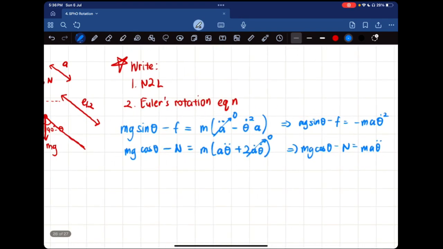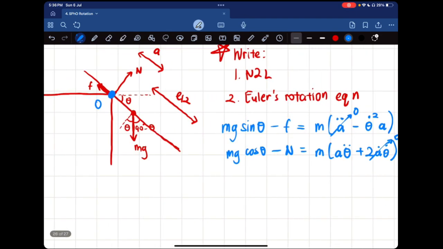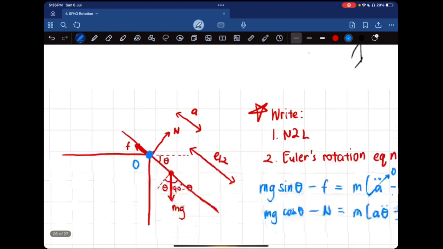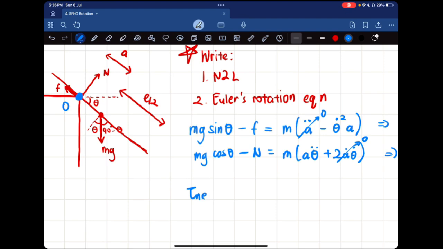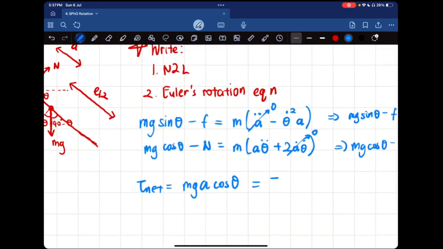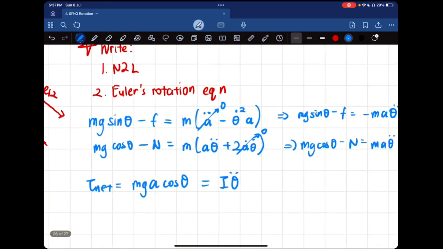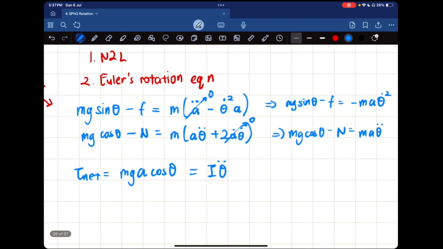So now you have two equations like that. Now you can write Euler's rotation equation about this point. Your net torque will just be mg a cosine theta, and this is just I theta double dot, because this torque increases theta.